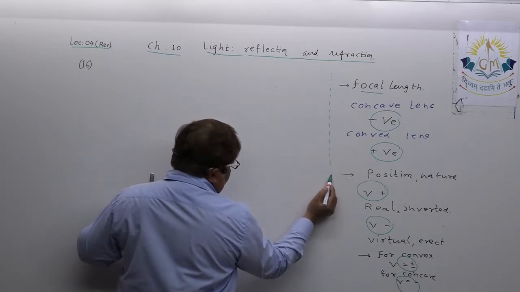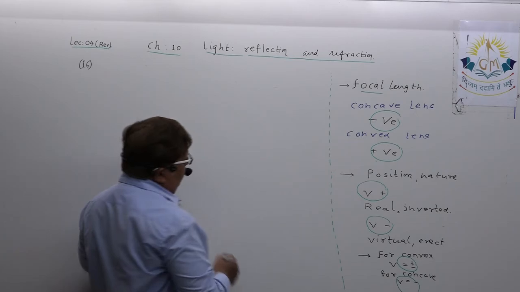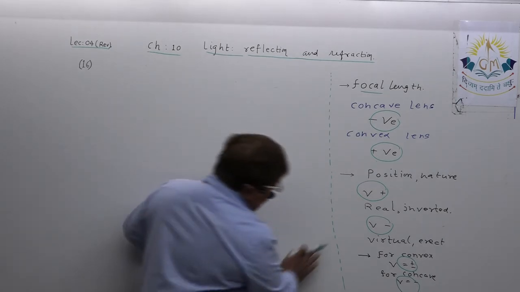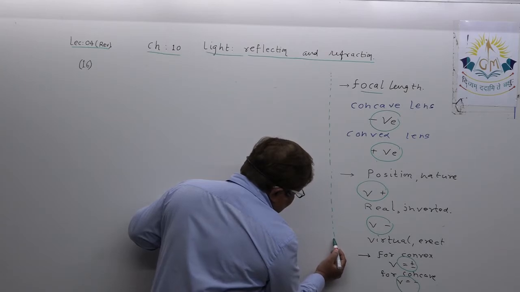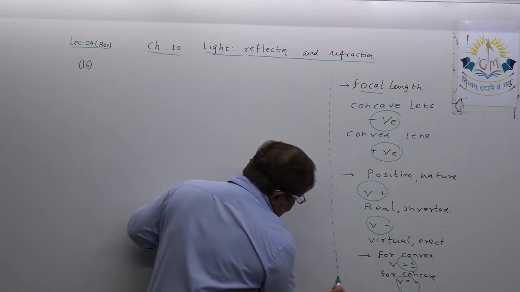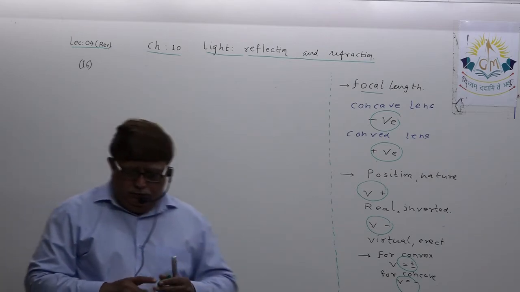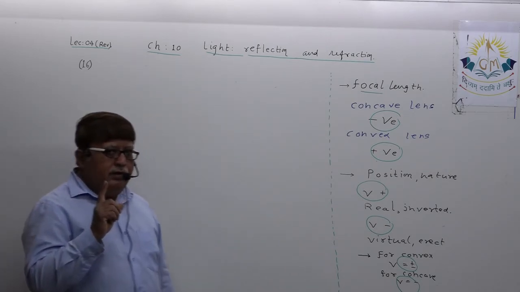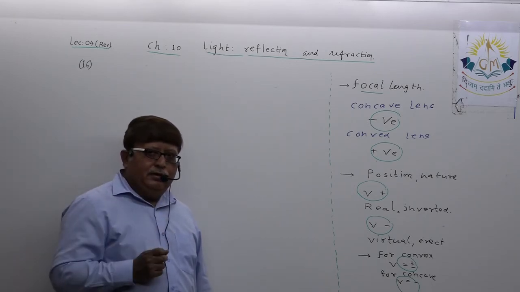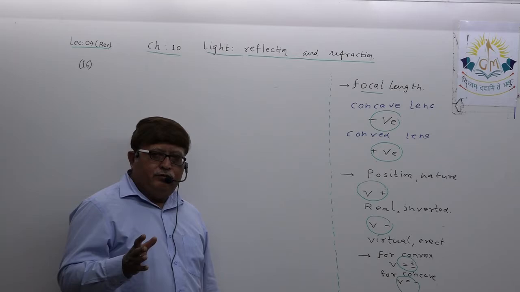You should also, dear student, note down this important fact whenever you solve any numerical, because that is going to help you and that is also going to be a conclusive analysis for solving your sum. Here concave lens is given, diagram struck in your mind for concave lens.